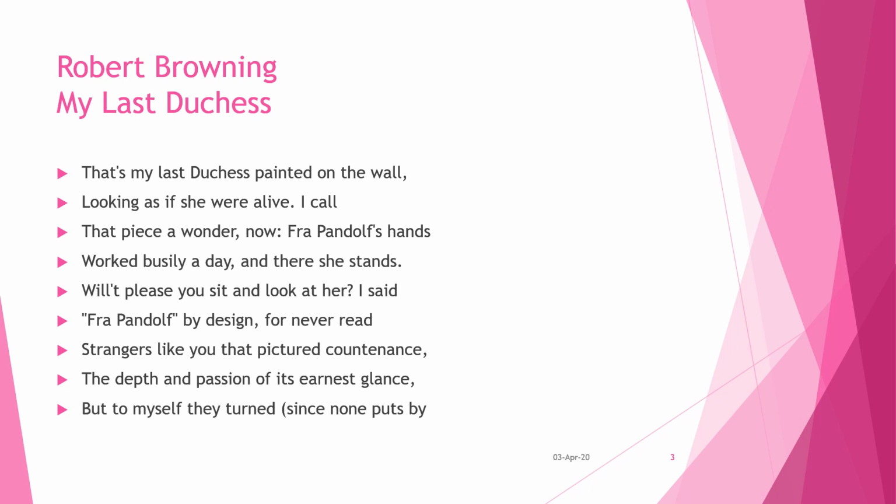Where has she gone? We don't know. And it seems that he is speaking or addressing somebody that we don't know at the moment, and who hasn't opened his mouth. He's very silent. He's a silent listener. This is what a dramatic monologue is about.